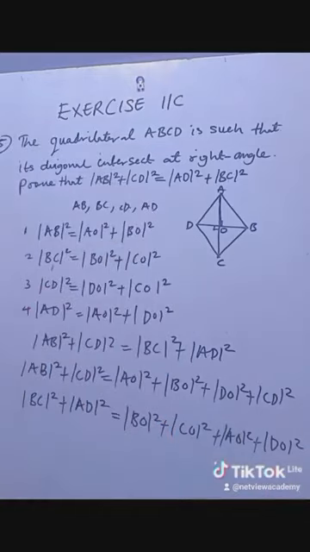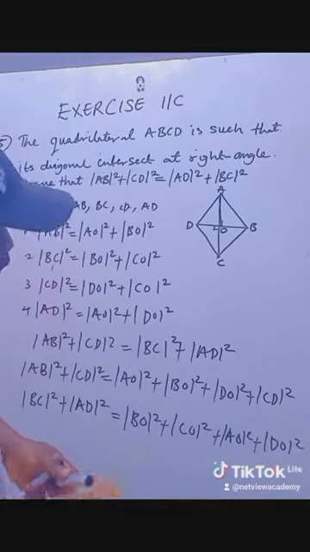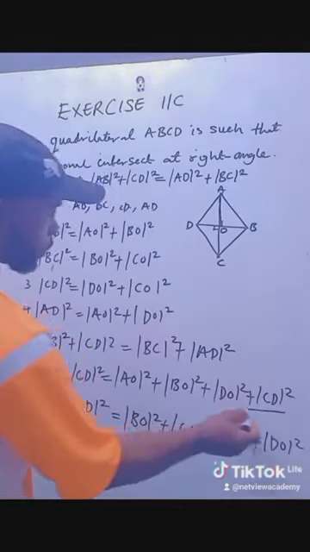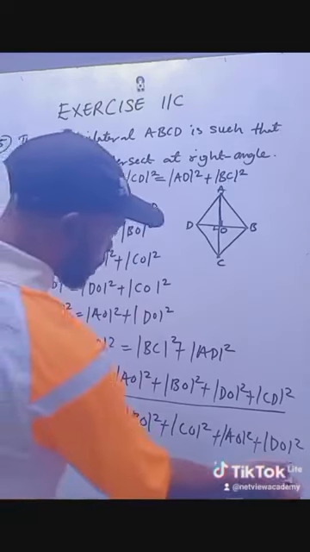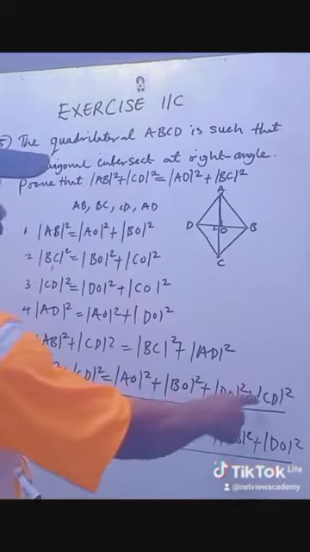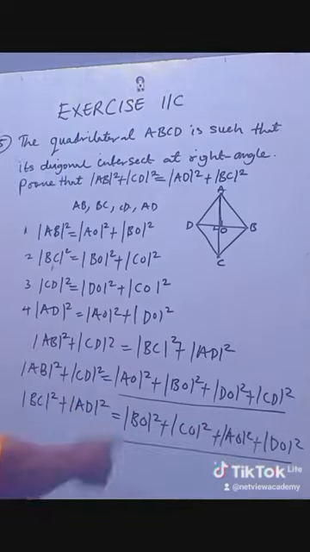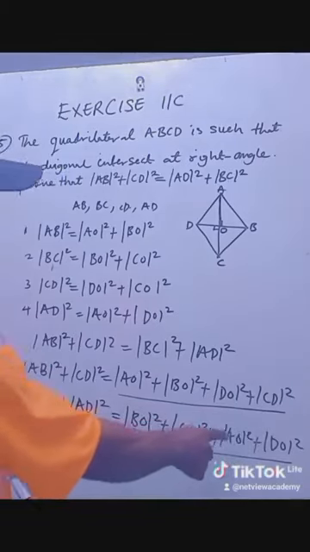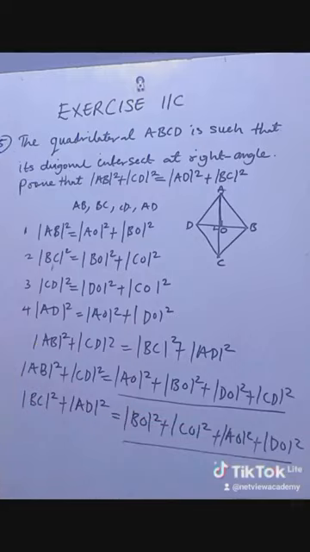Now, if you watch closely, you will see that this expression is equal to this expression. AO squared plus BO squared plus DO squared plus CO squared, and BO squared plus CO squared plus AO squared plus DO squared.